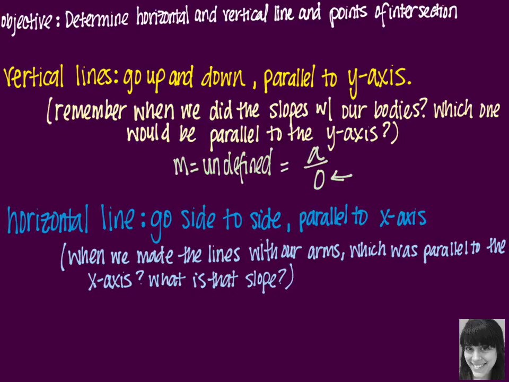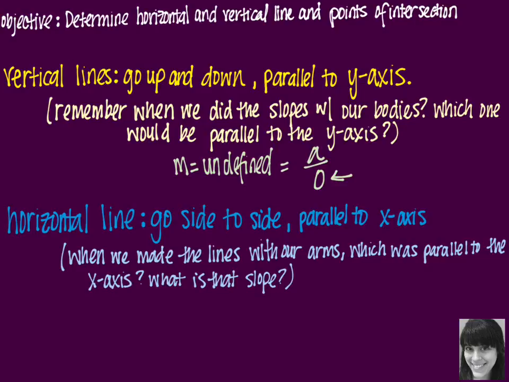Now, horizontal lines. Horizontal lines go from one side to the other side, right? They just go straight across. When you have lines that go straight across side to side, that means it's parallel to the x-axis. When we were doing the things with our bodies, which one would have been horizontal?